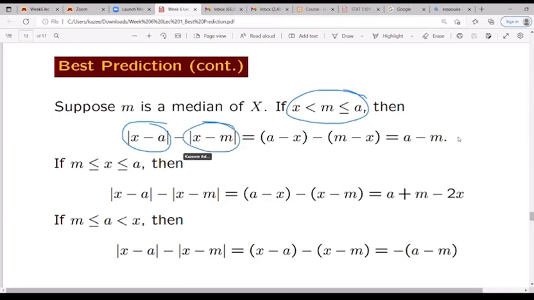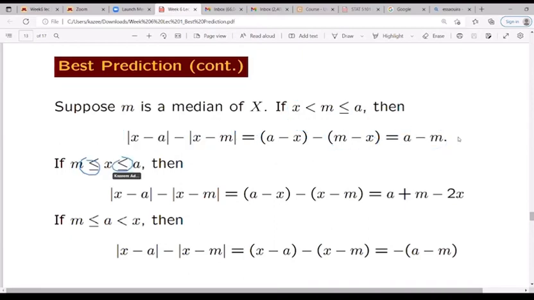I had to switch X for A, X for M. That gave me this. You get that? But now that I'm considering this interval, I'm only going to switch this. When I'm removing the absolute value, I'm not going to switch this one, and that's what you see here.